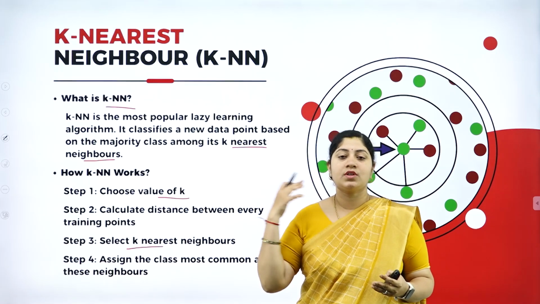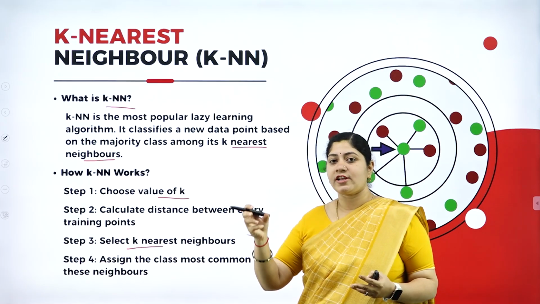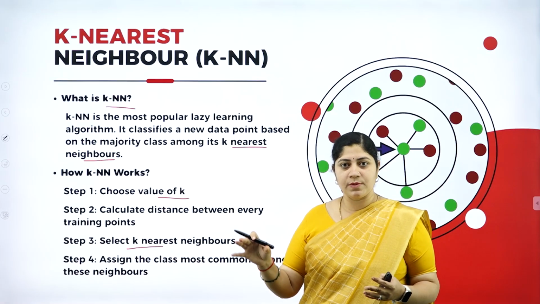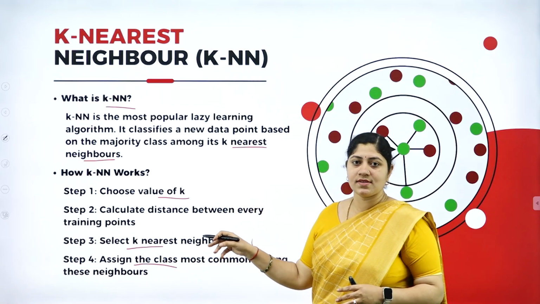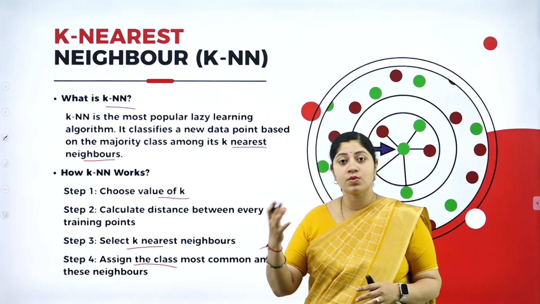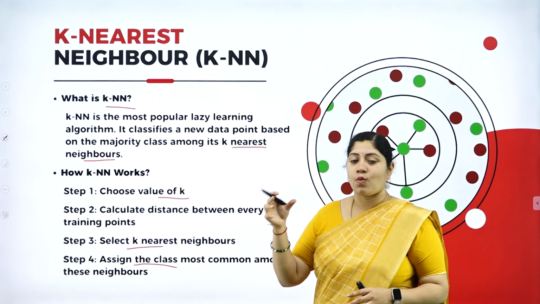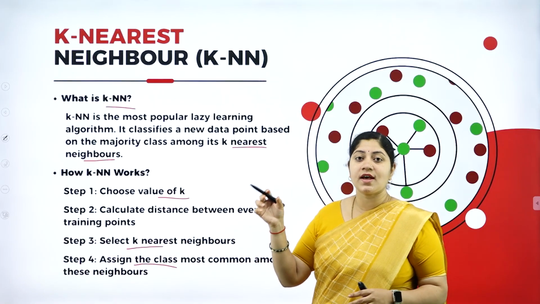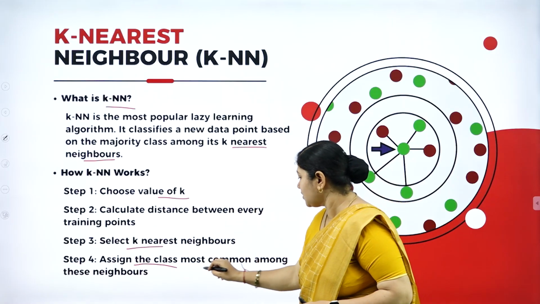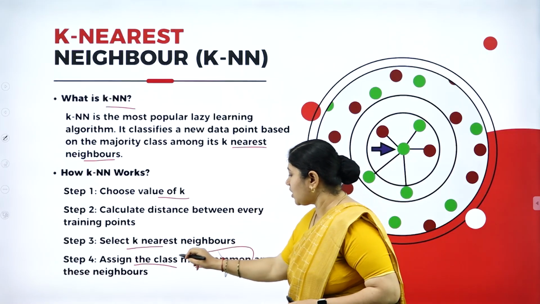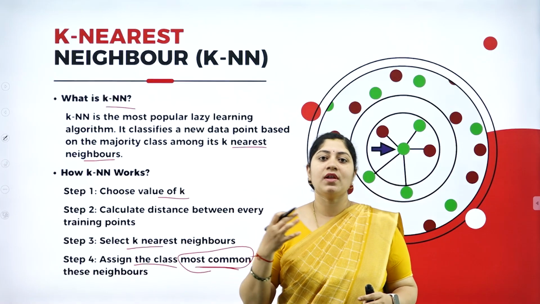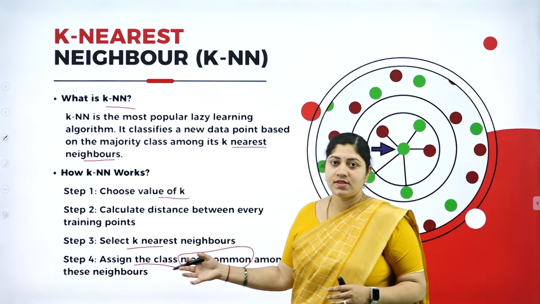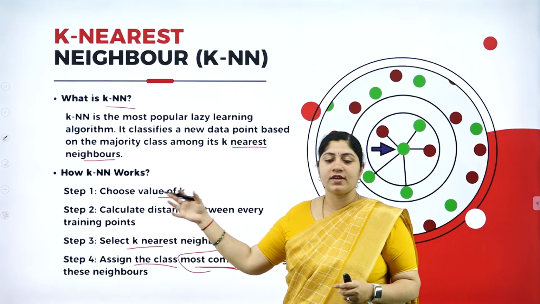With respect to the available neighbors, we select the nearest neighbors out of those. Then in step 4, we assign the class that is most common among those available. Please note that it is assigned as the most common class among the available neighbors. So this is the process followed under KNN.